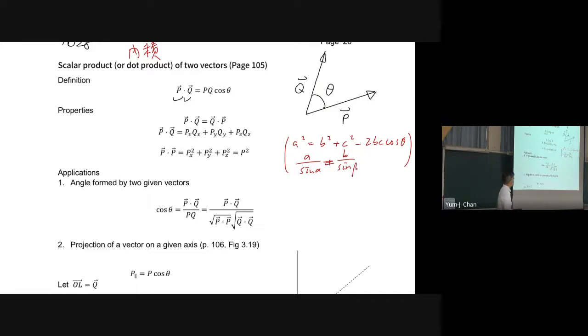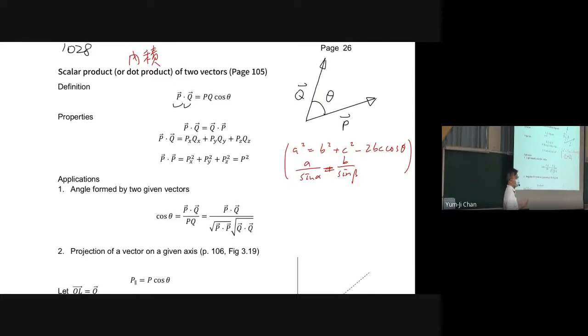But the easiest way, especially when we write computer programs, is to determine the angle theta by this format. By putting PQ on the left hand side, we have cosine theta is equal to P dot Q over PQ.